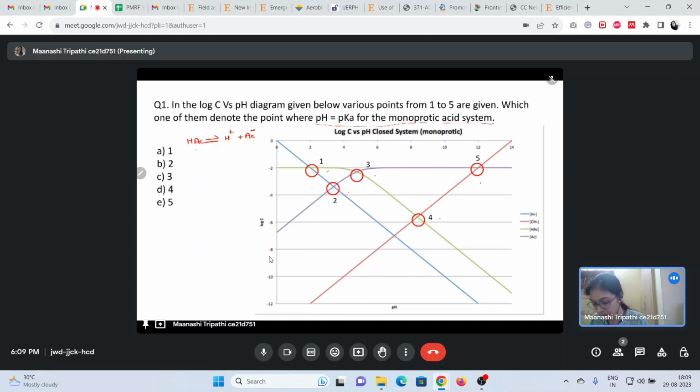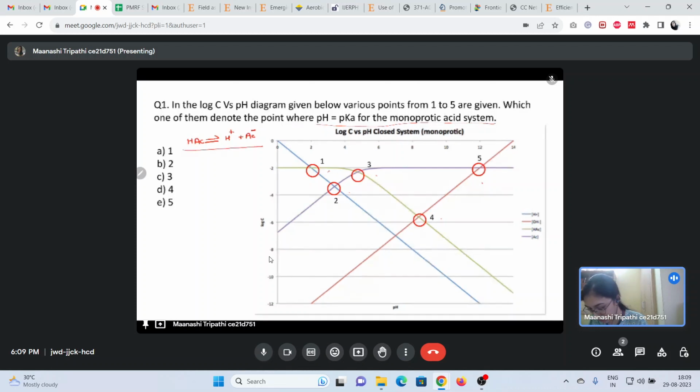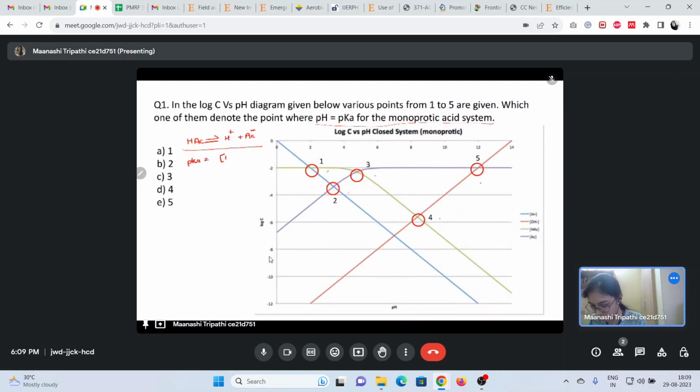This is the dissociation, and it is happening at some pKa. So what is pKa? This will be H plus, A minus and HA. So out of all these points, where will pH be equal to pKa? This is the question.